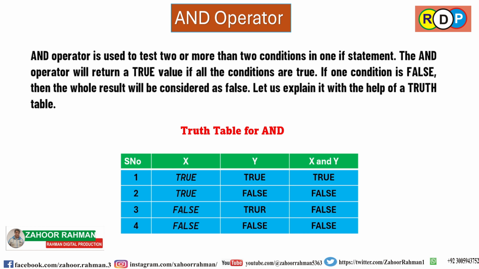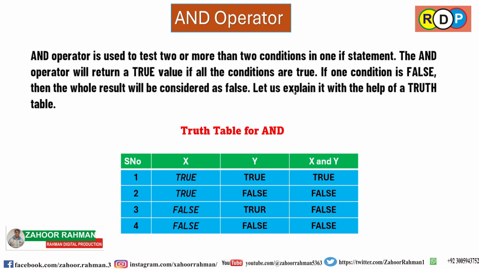You can check it for as many conditions, but to keep things simple, we are taking only two conditions. One is called the X condition and the second is called the Y condition. If the X condition is true, and similarly the Y condition is also true, then X AND Y will return true.